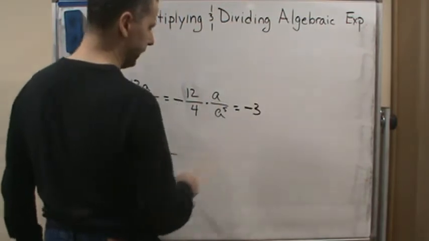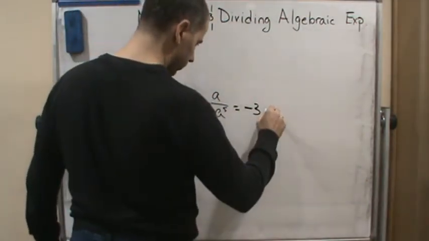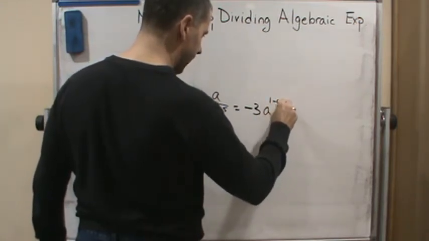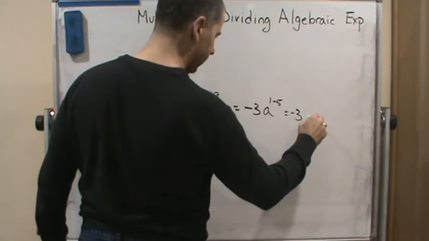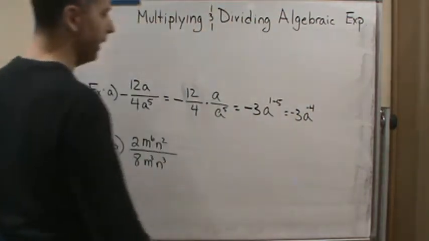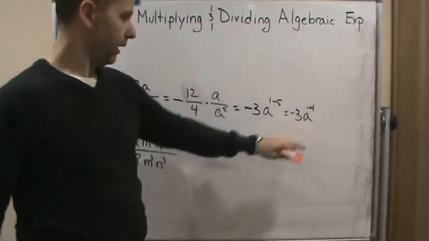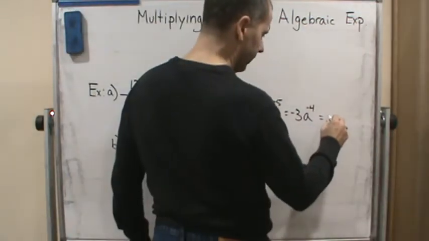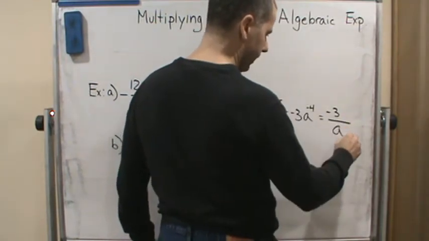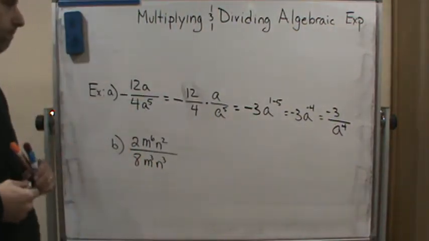So I get negative 3, and then for a, I get a to the 1 minus 5, which gives me negative 3 a to the negative 4th power. Now I'm going to use the reciprocal rule and write this as negative 3 over a to the 4th. And that would be my final answer.